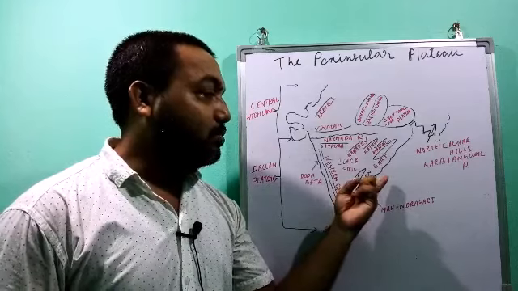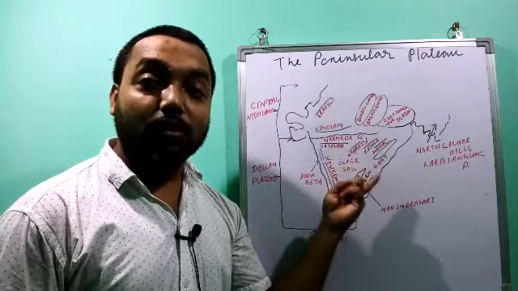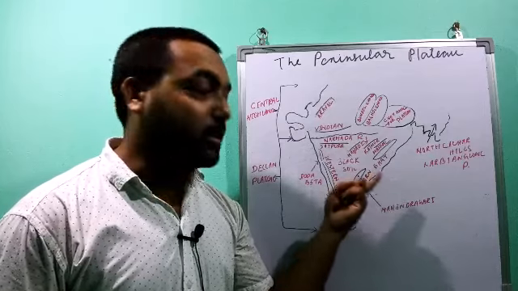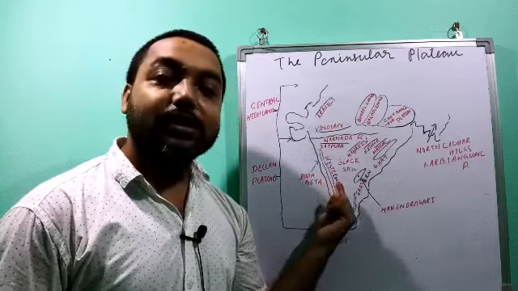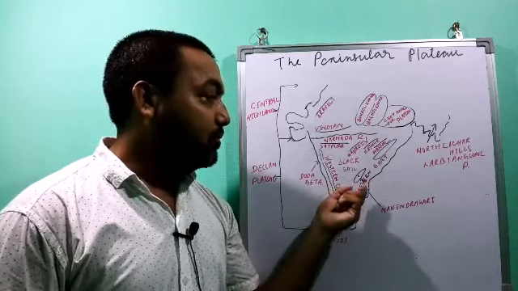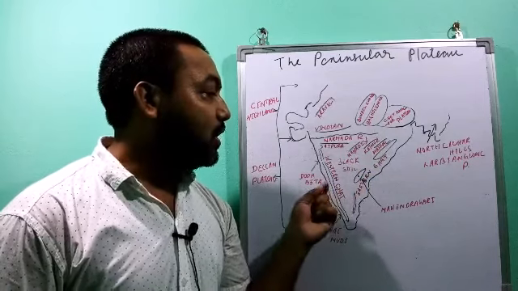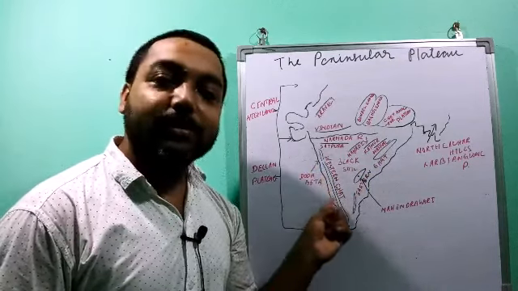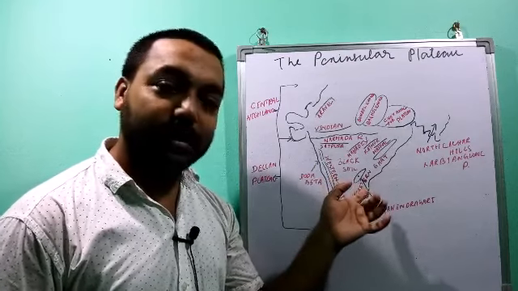So the distance between the coastline and the Western Ghat is less, and the distance between the coastline and the Eastern Ghat is more. So here there is a very big delta, but on the western side the delta is very small because the range is higher than the Eastern Ghat.